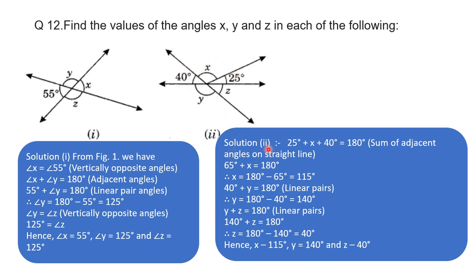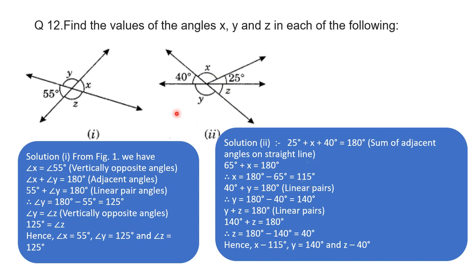So 25 plus 40 becomes 65, plus x is equal to 180. So we can transpose this 65 to the right hand side. So 180 minus 65 will become 115 degree. So the value of this x is 115 degree.